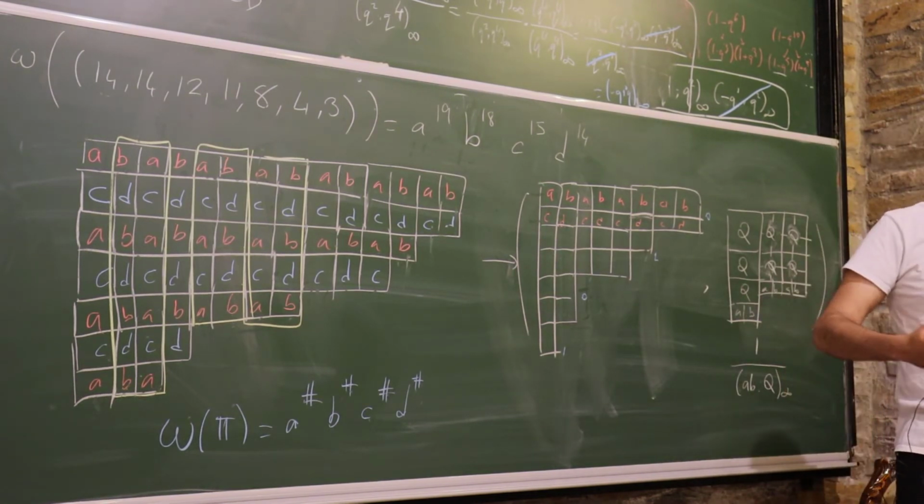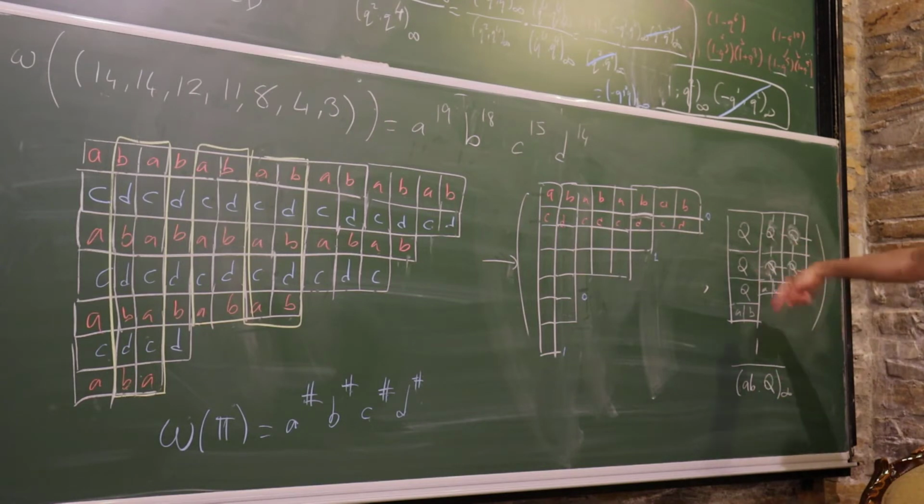So we dissected our partition into 2 pieces. One piece is like this odd height even width columns.